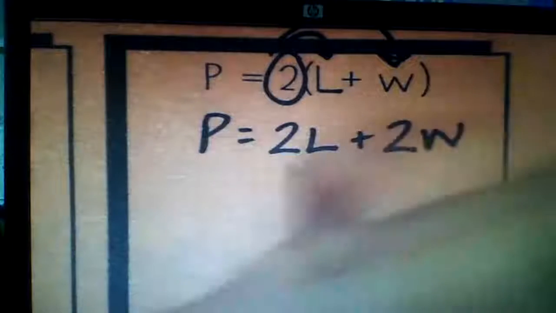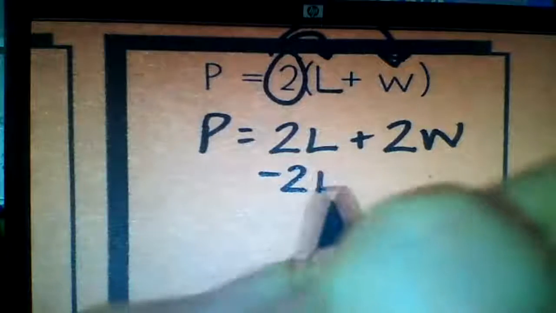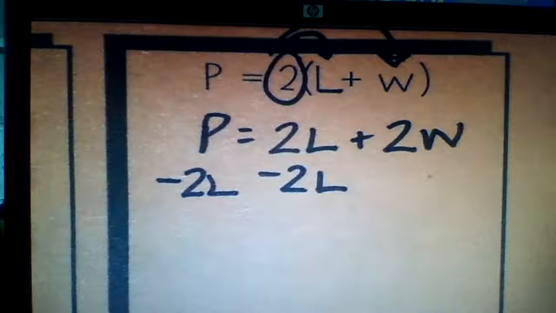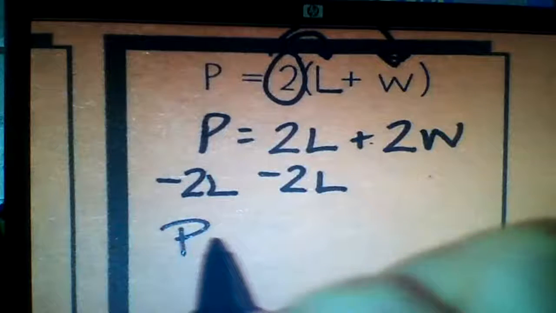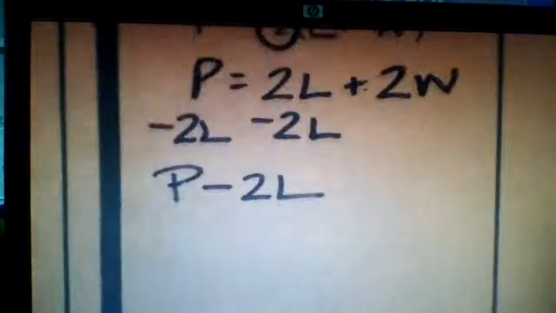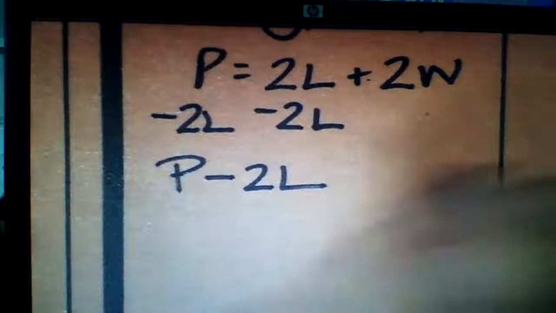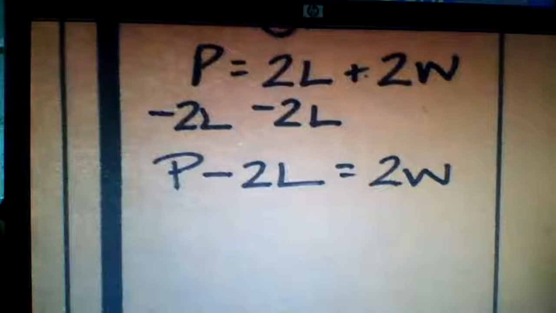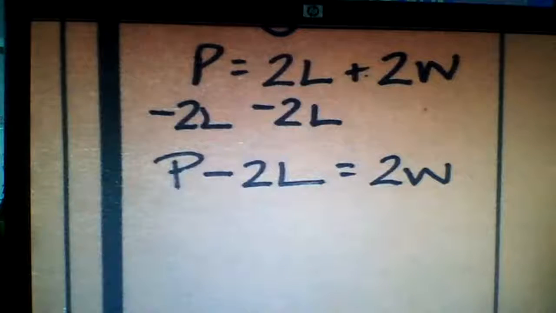So I'm trying to get rid of this first. It's positive, so we subtract it. So P minus 2L equals 2W. Okay, so Amor said, I can't take P and subtract 2L. They're not like terms. That's okay.